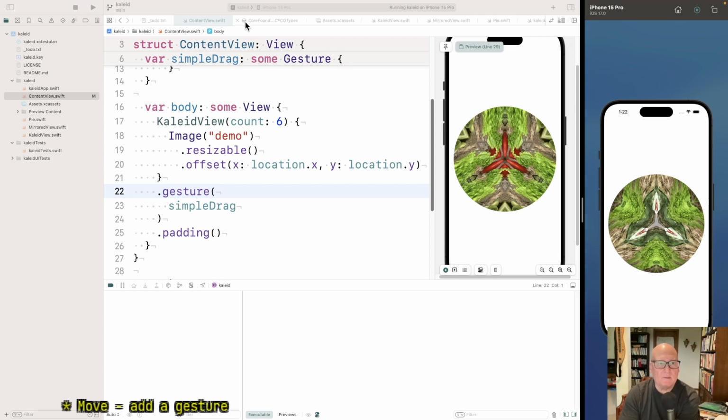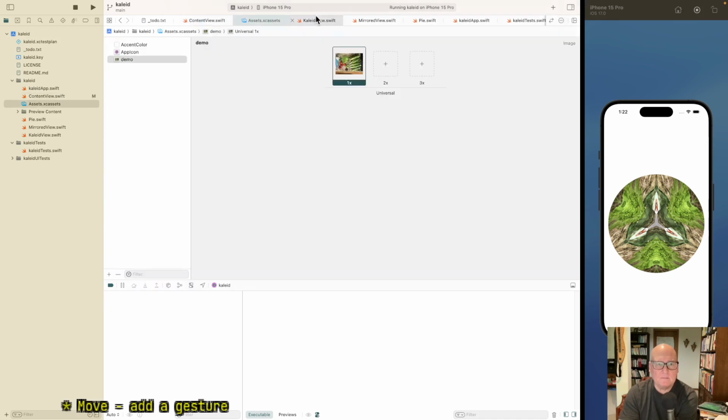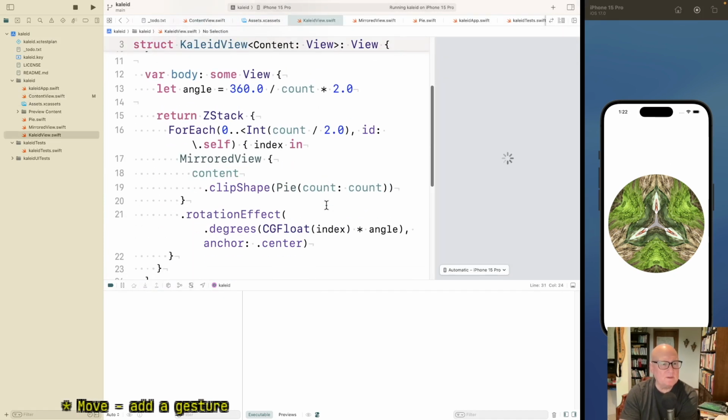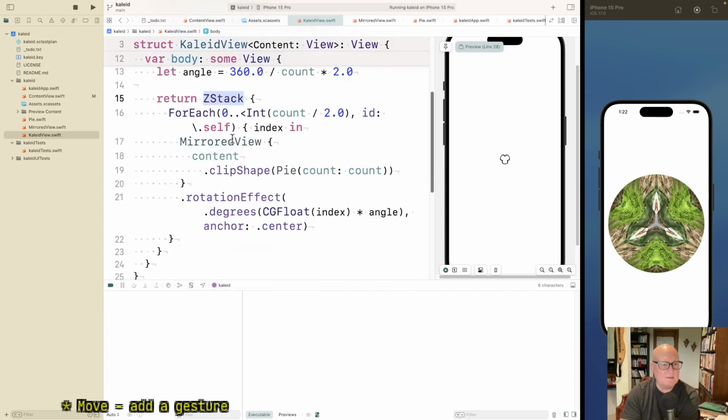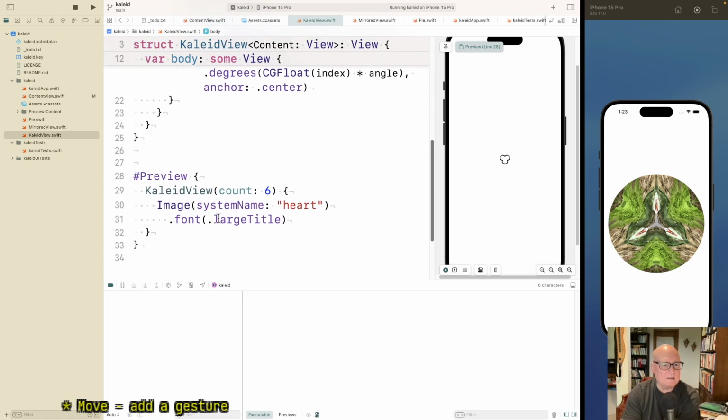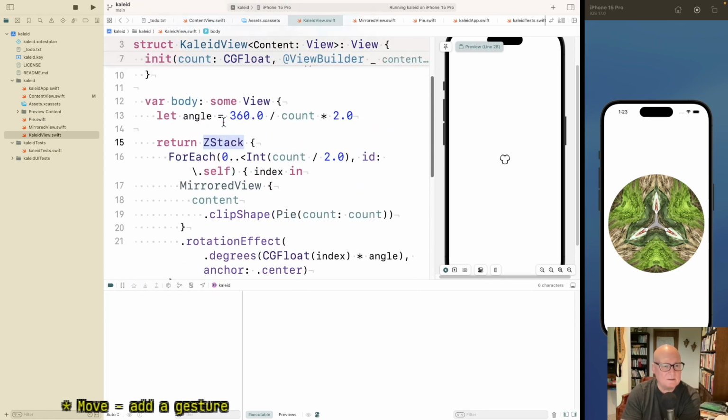Maybe I'm mixing up how we did things, but didn't we? I mean, we used to have a Z stack. Okay, here's a Z stack. Mirrored view. Like somewhere is our image, right? I mean, where is that? That's that one.